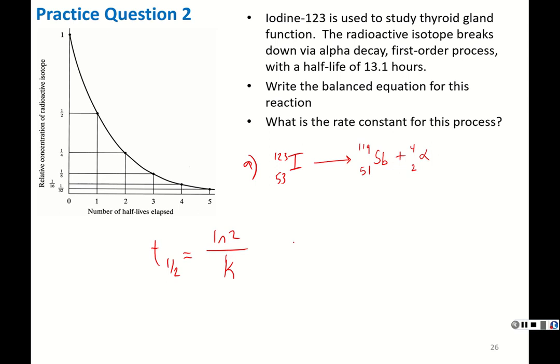We can just rearrange that now. k equals ln of 2 over half-life. So ln of 2 again is 0.693, and half-life here is 13.1 hours. So this equals 0.053 hours to the minus 1, or 1 over hours. Okay, so that would be our rate constant.